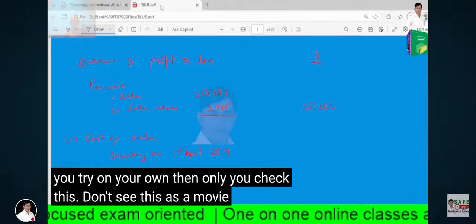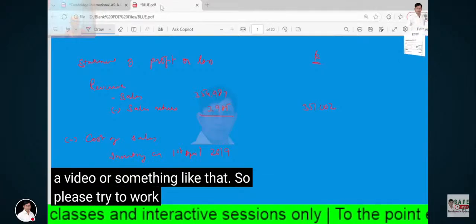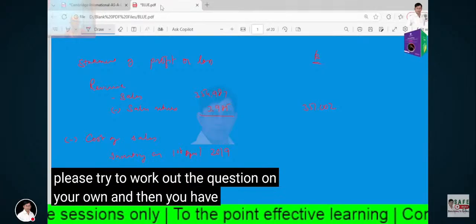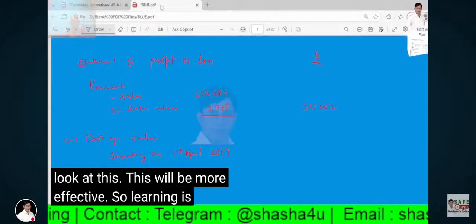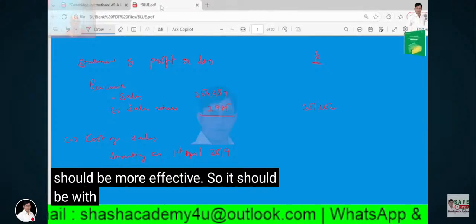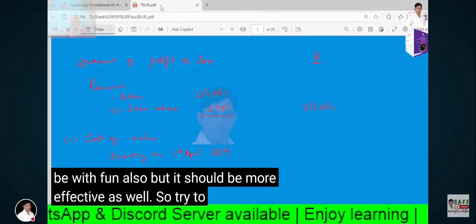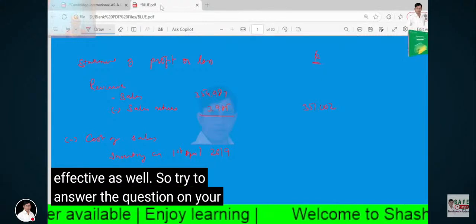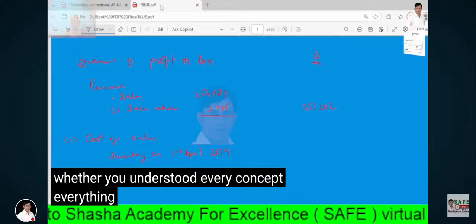Don't see this as a movie or a video. Please try to work out the question on your own, and then have a look at this. This will be more effective. Learning should be with fun also, but it should be effective as well. Try to answer the question on your own, and then cross check with this solution whether you understood every concept, whether everything is clear.